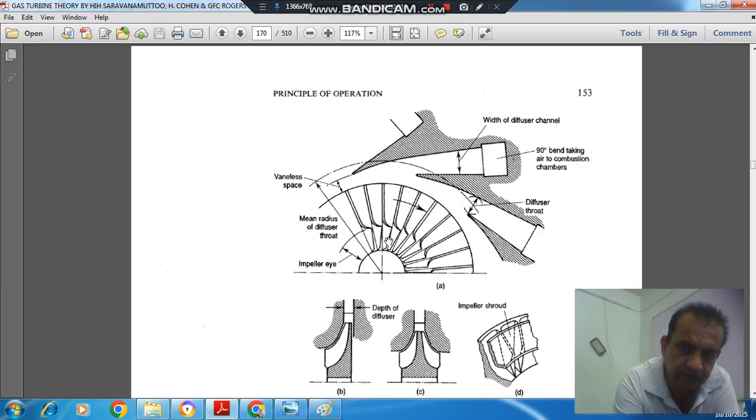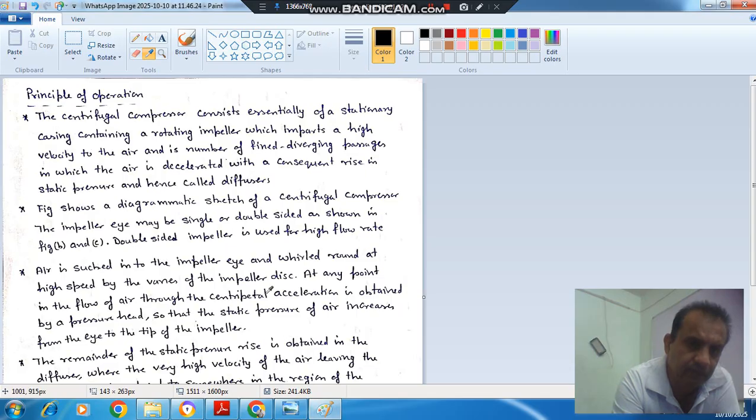The air is sucked axially, and then moves radially outward to the impeller tip, and at this point it enters the diffuser tip. So this is the working of the centrifugal compressor. I will read the points and explain more.